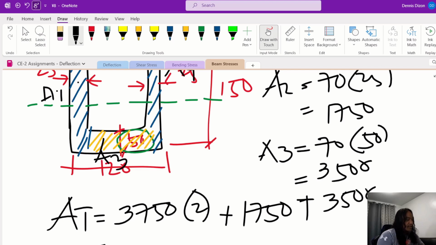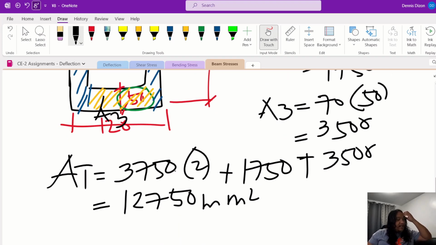So the total area is 12,750. I guess this is in millimeters squared. Yeah. 12,750 millimeters squared.